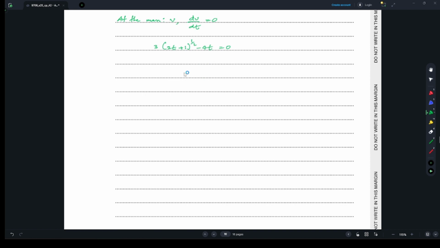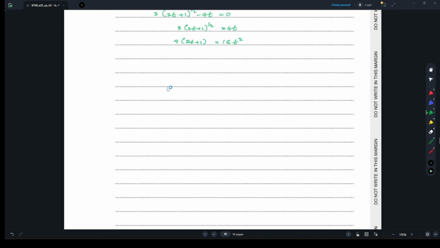So I will write 3 times (2t plus 1) to the power half equals 4t, and here power half means the root. To remove that, I can take the square of both sides. So 3 square is 9, and the power half is removed, and I have to take the square of the other side. So 4 square is 16 and t square.